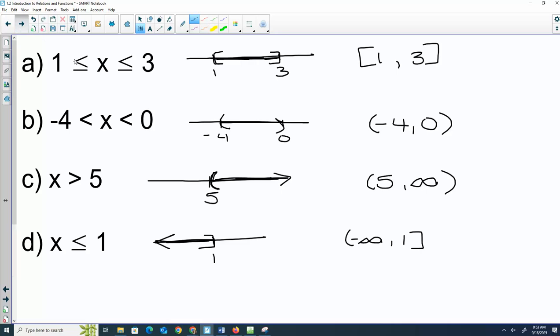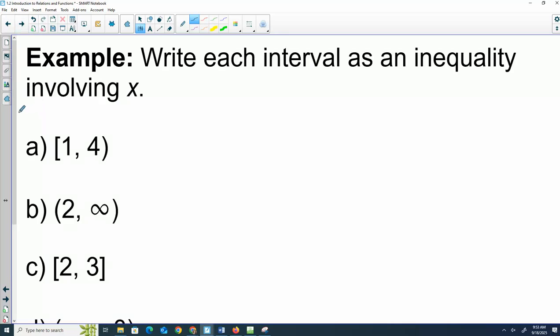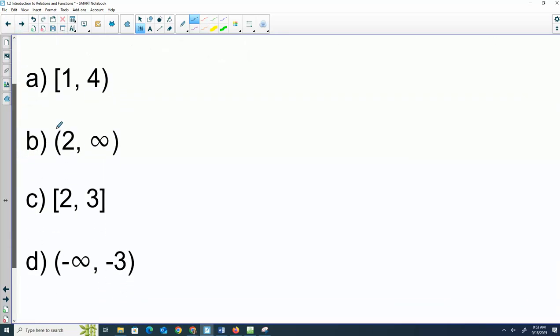Let's go the other way. If I give you the interval, can you write it as an inequality? So we have two notations. We need to be able to go back and forth between the two. And this is saying its x's are between 1 and 4. So how would we write that?